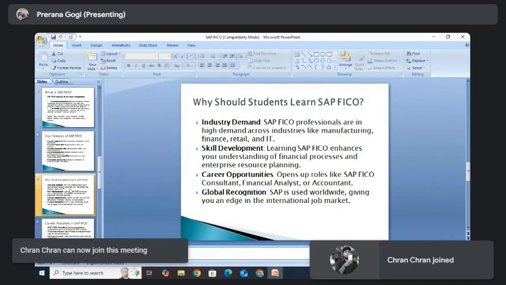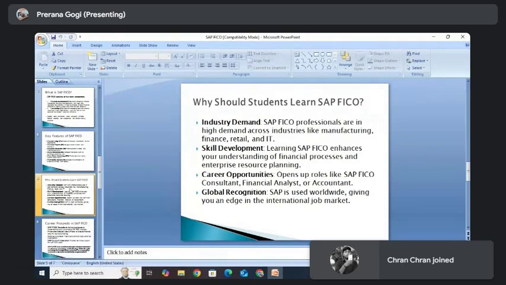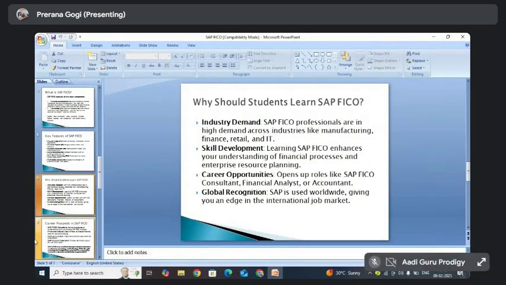Of course, as a consultant, here we can understand there are two words, consultant and end user. We have two working professionals in SAP FICO. One is a consultant and one is an end user. Now we are talking only about consultant. We will be consultants, not the end user. End users are the accountants who manage your accounts, right?